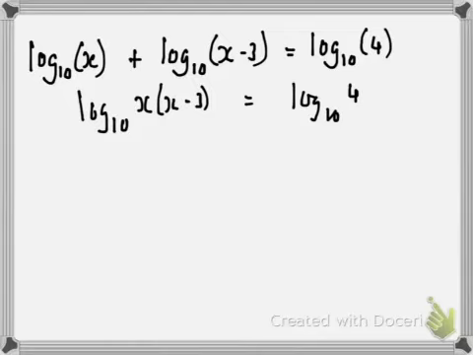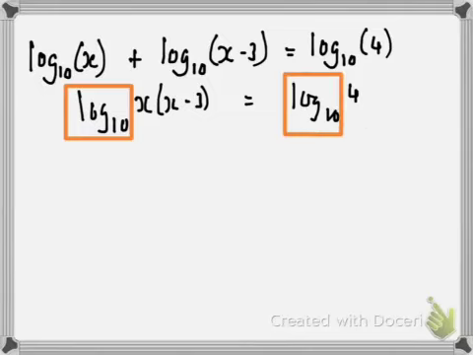Once we've got expressions with base 10 on both sides, and I'll put an orange square in this, we've got log base 10 on that side, log base 10 on that side, and just really pointing out here there has to be only 1 on each side, and I'll show you something else in a minute, but 1 on each side.